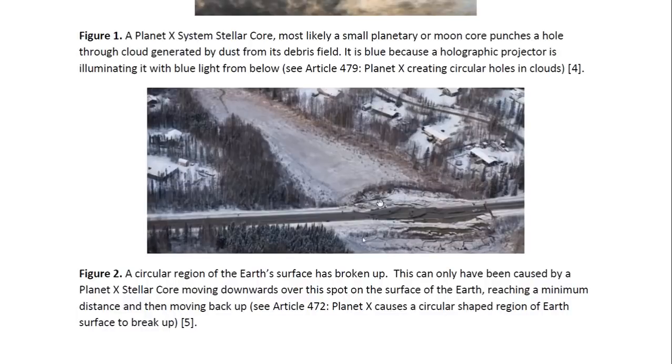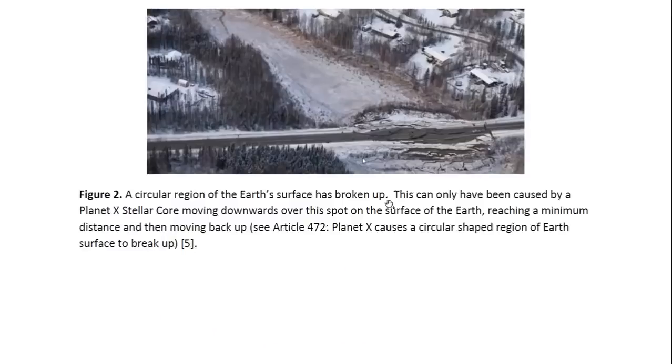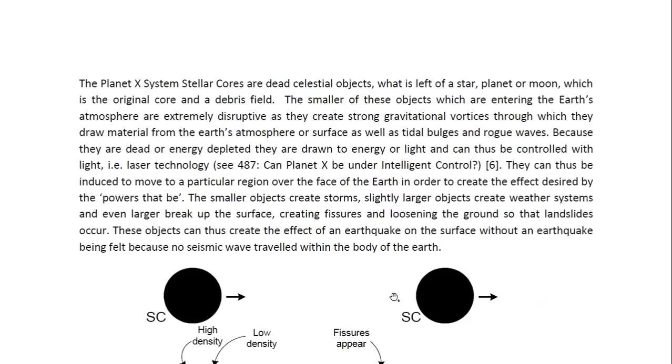And it's the gravitational wave which causes the Earth's surface to contract and expand that causes this break. And the fact that it is just a circular region shows you that this was a spherical object moving down over this region and causing this. It wasn't even moving along the surface as you see it occurring here. That one just moved downwards and then up again.